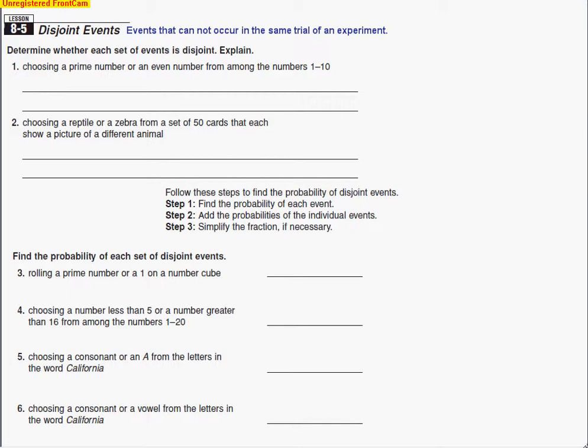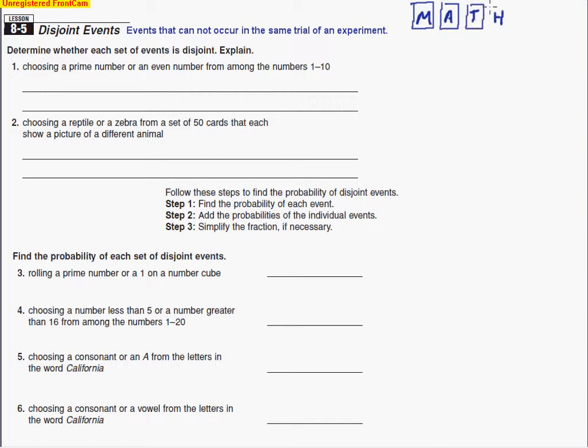If I took the word math and wrote those letters down on some cards, M, A, T, and H, each on an index card, and then I went ahead and shuffled the deck.